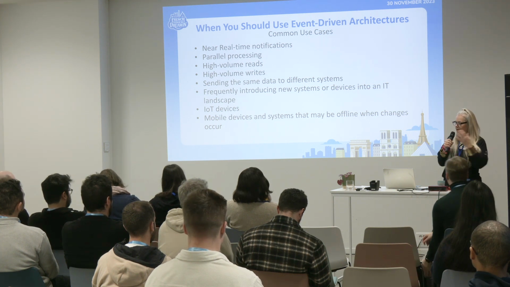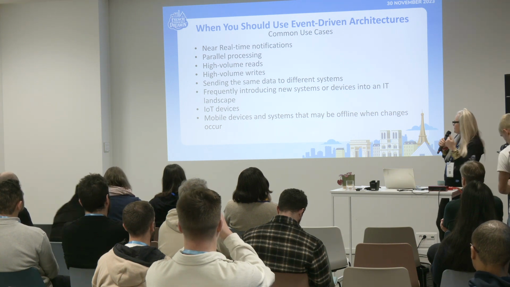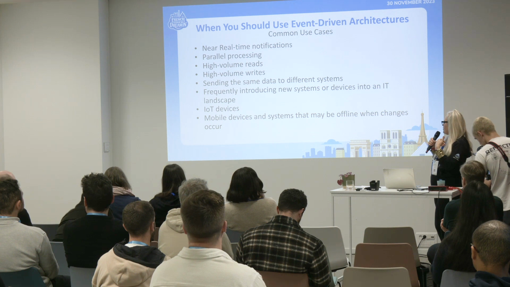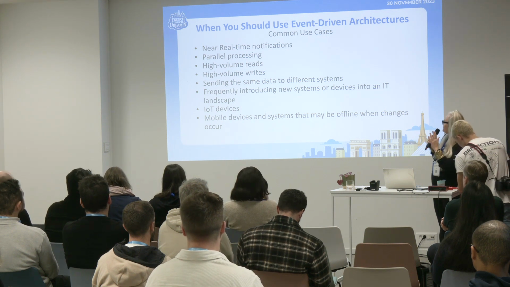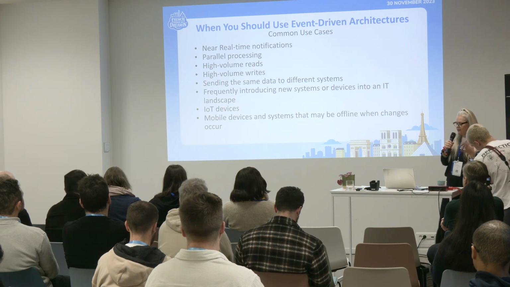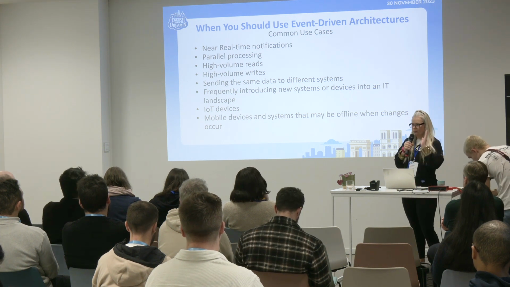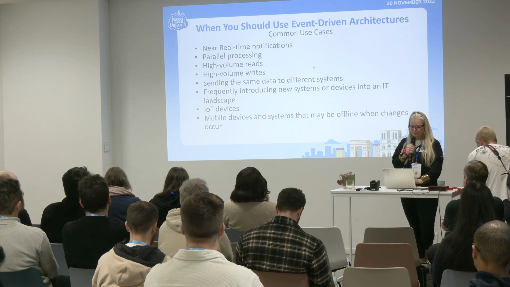Also when you might have IoT devices that need to connect and send notifications and subscribe to events. And then mobile devices and systems that may be offline when changes occur. I also want to point out that event-driven architecture is really an asynchronous integration pattern, so it's not going to be getting a direct response immediately when sending out a request.